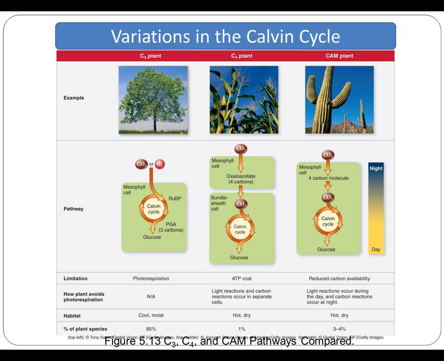There's another type of plant that can also carry out the Calvin cycle, and they utilize the CAM pathway. And these types of plants still utilize which type of cells? Mesophyll cells is where the Calvin cycle will still occur. But notice some features about this.